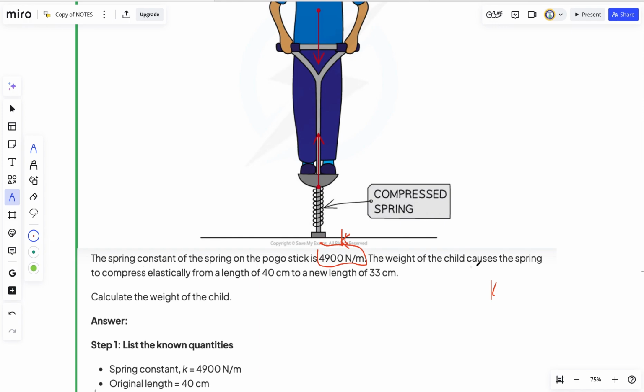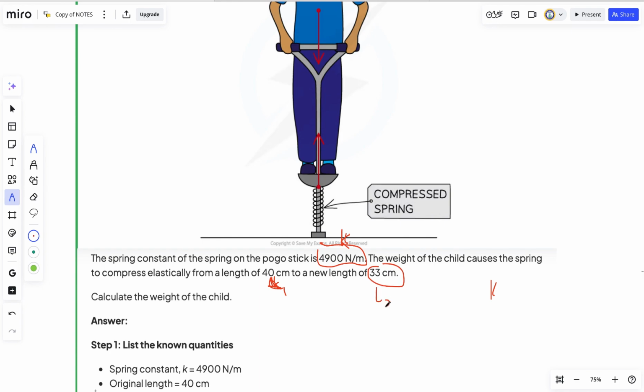Now, the weight of the child causes the spring to compress elastically from a length of 40 centimeter. Now they're giving us L1, from a length of 40 centimeter. Let's call it L1, or L original, so that we can calculate extension, and to a new length of 33. This is the final length, L2.